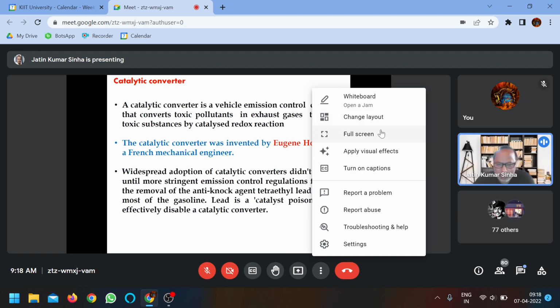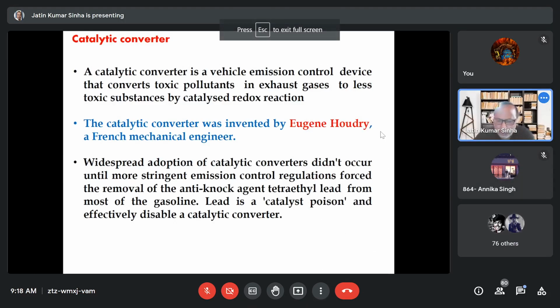They also changed the composition of the petroleum that we use in our vehicles. Lead is an anti-knock agent, and that has also been removed because it acts as a catalyst poison.